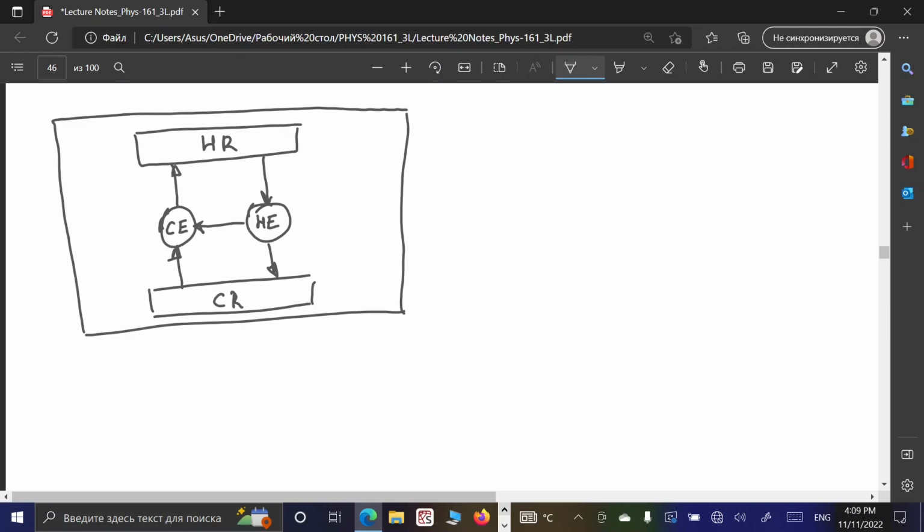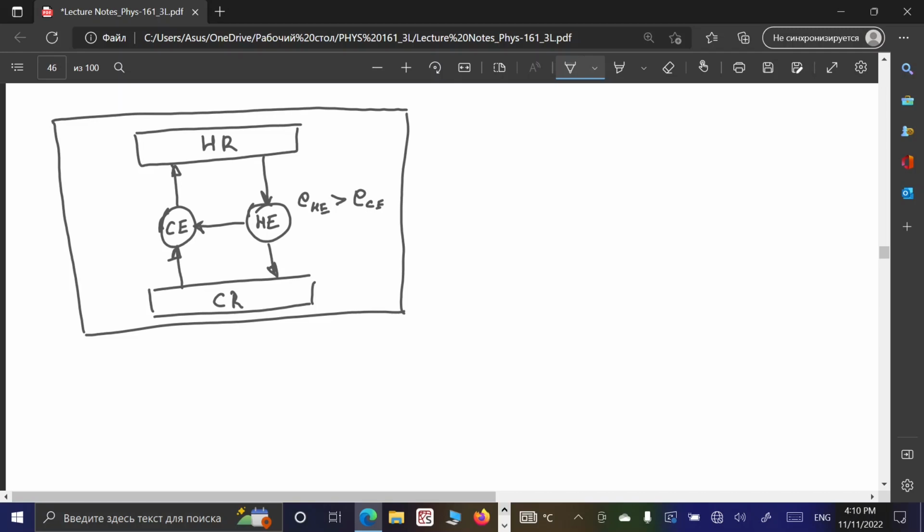And now we assume that the efficiency of this heat engine is higher than the efficiency of the Carnot engine. So what will that tell us? If this assumption is true, then the work which is performed by the heat engine will be enough to run the Carnot engine as a heat pump.